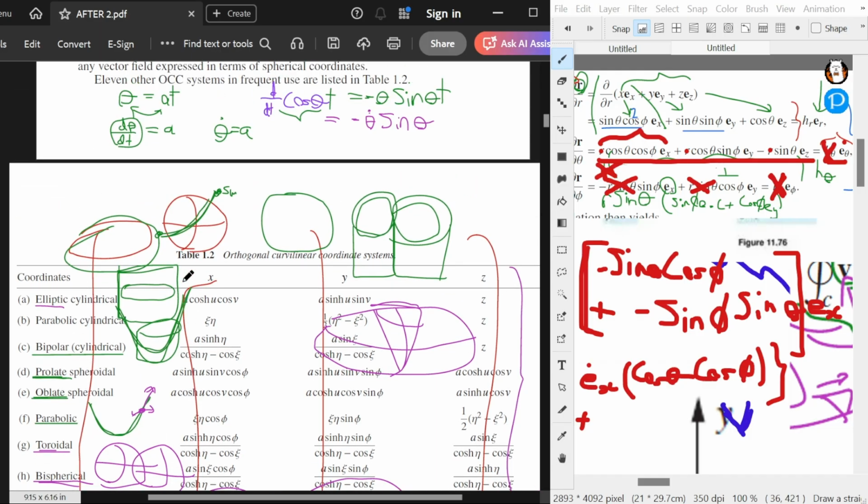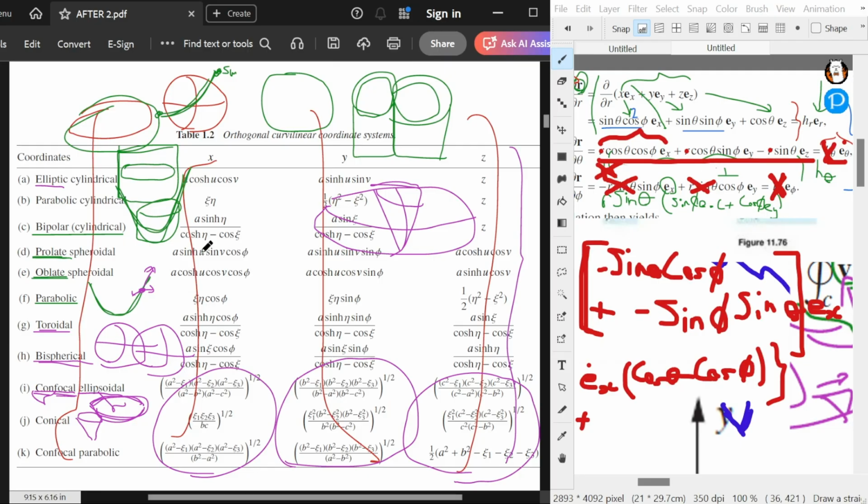I was thinking maybe these don't actually describe all points in space. Maybe they only cover some points in space. But I think by definition of a coordinate system, it has to cover every point in space. And also a second argument is you can just rotate the coordinate system if that was even the case. Confocal parabolic, a parabola, whatever this confocal thing is, again, I don't know.